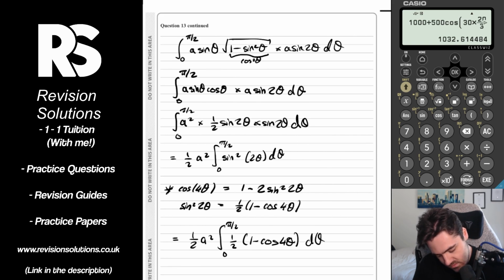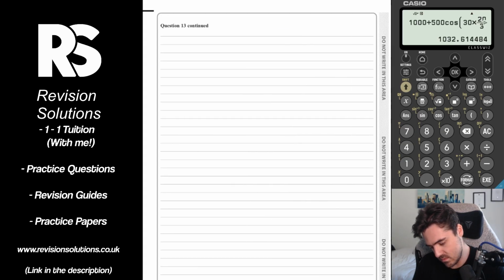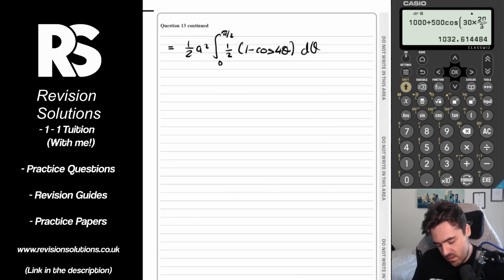Let's pull this to the next page again. So then we'll pull out the half. That would be a quarter a squared.